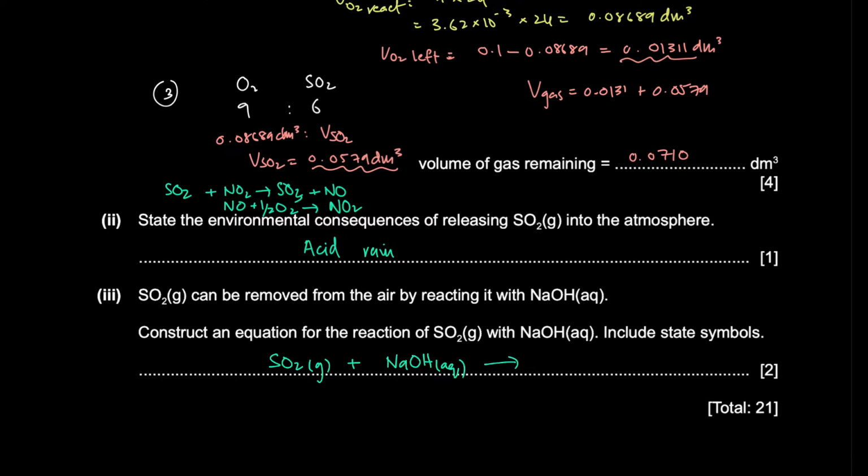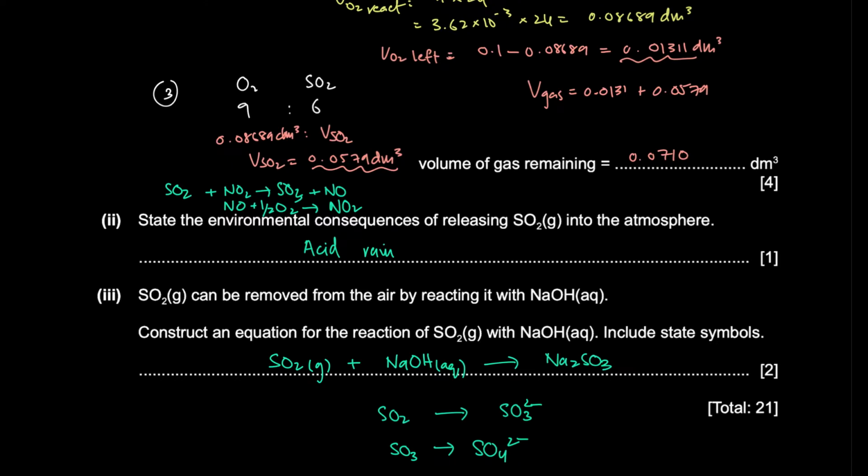Now if you guys remember, for sulfur dioxide, the anion that it produces is the sulfite ion, and for sulfur trioxide, the anion that it produces is the sulfate ion. This is sulfate 6, and this over here is sulfate 4, or a sulfite ion. So what you're going to produce is sodium sulfite, Na2SO3.